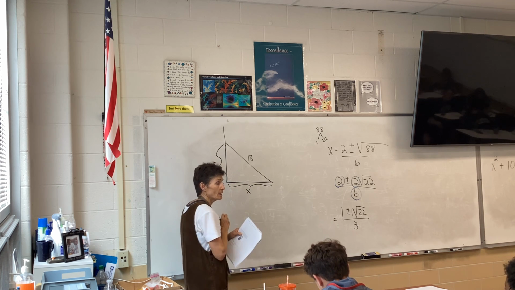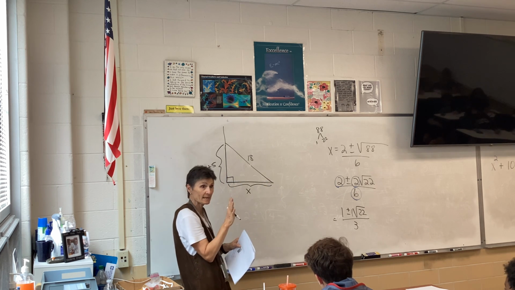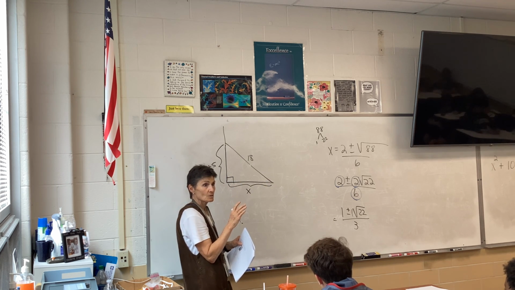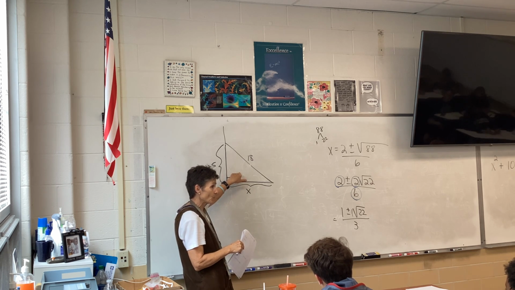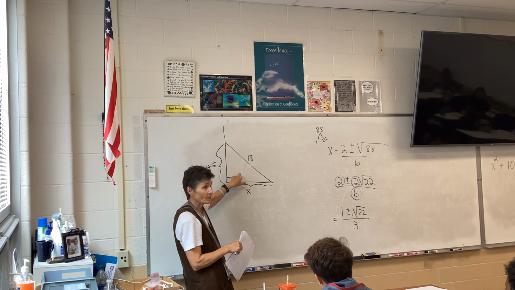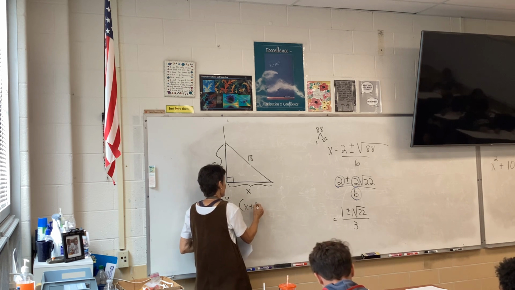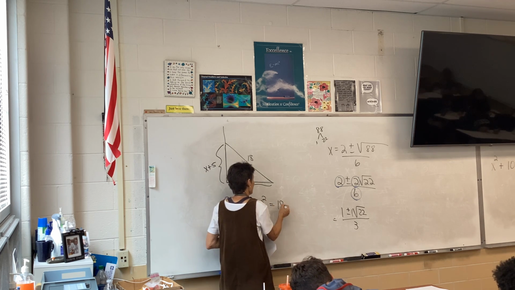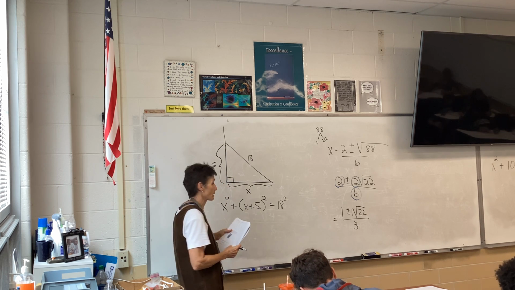And this building, we're assuming, and we're allowed to make that assumption, is standing straight up and down. So that's a right angle, which means that's a right triangle, which means that we can use the Pythagorean Theorem. So x squared plus x plus 5 squared equals 18 squared.